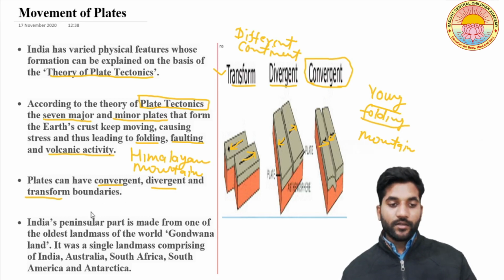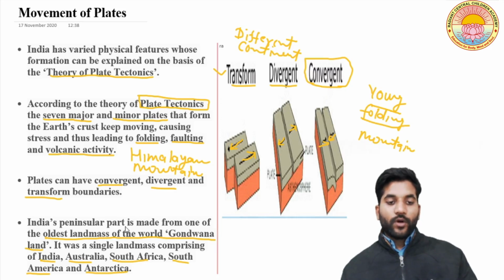Basically they were formed by the process of divergent, transform, convergent. So India was part of the oldest landmass of the world, that was Gondwana land. It was a single landmass comprising India, Australia, South Africa, South America, and Antarctica.